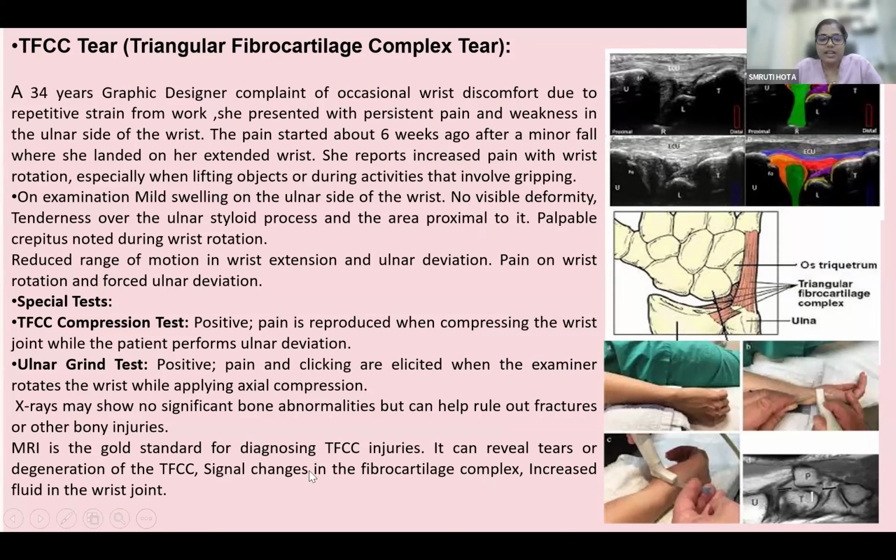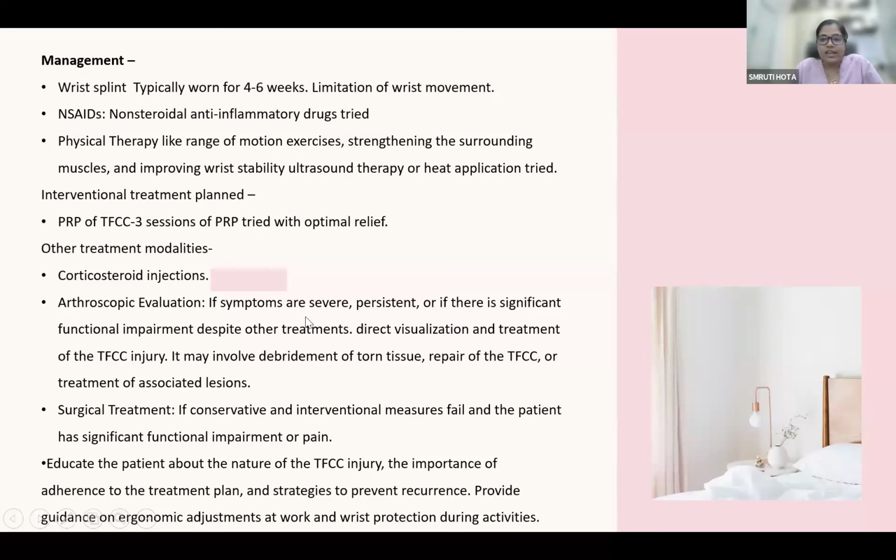There you can see tear or degeneration, and some signal changes in the fibrocartilage complex with increased fluid in the wrist joint. As for management, initially we follow the RICE protocol, and the patient is usually asked to wear a wrist splint for 4 to 6 weeks.